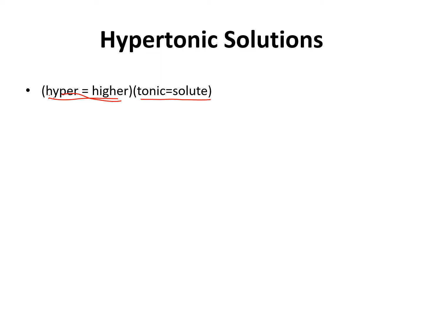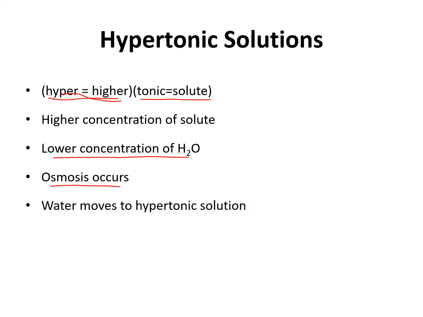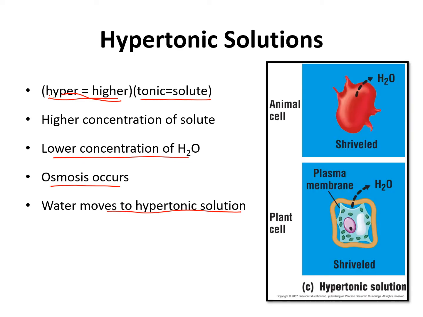So if it has the higher concentration of solute, then it has the lower concentration of water compared to the hypotonic. And when you have this situation, you will get osmosis because water is going to move from the hypotonic solution to the hypertonic solution. So water moves to the hypertonic solution.